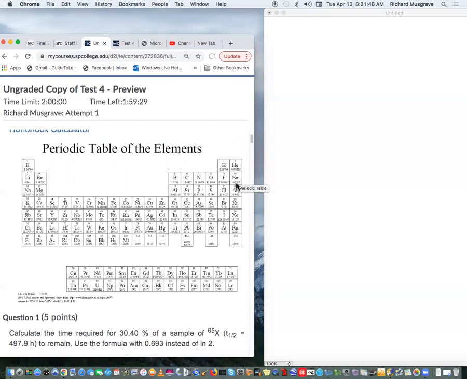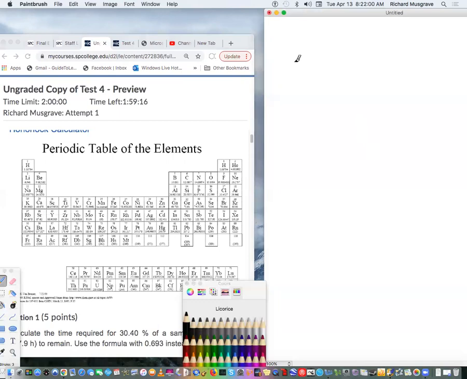In other words, for up to 20, the mass number is about double the atomic number. So let's first make sure that we understand what we mean by mass number and atomic number. The atomic number is the number that's on top, generally speaking, and the mass number is the one on the bottom.